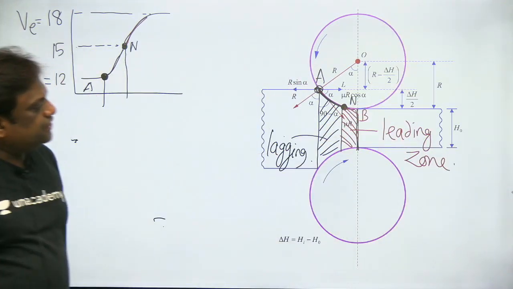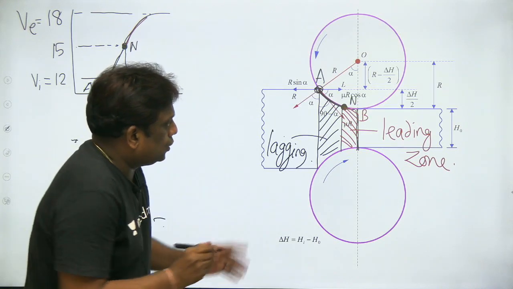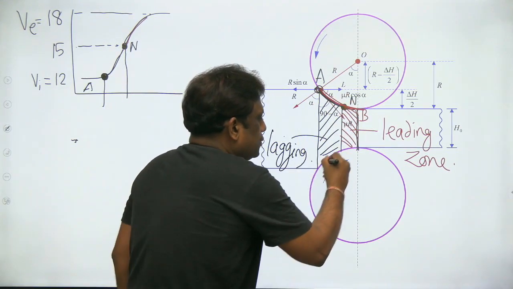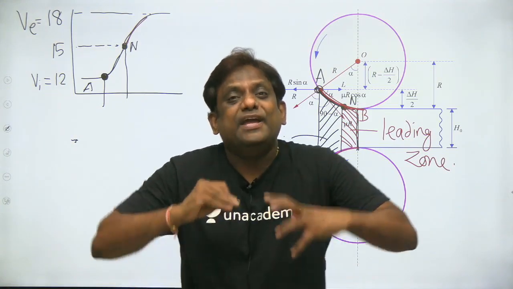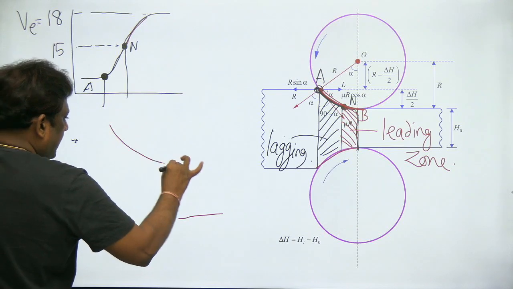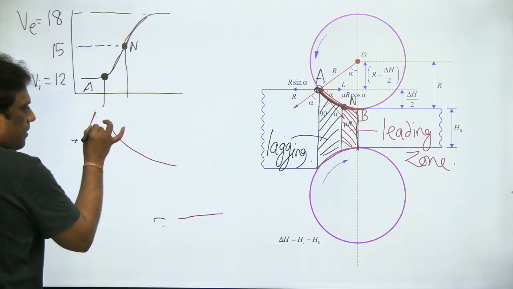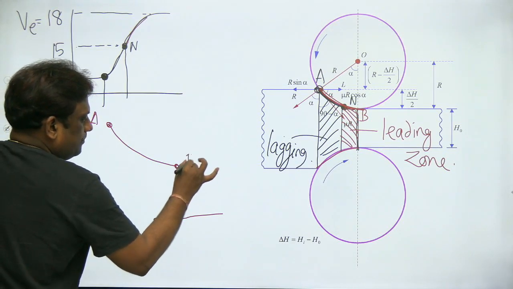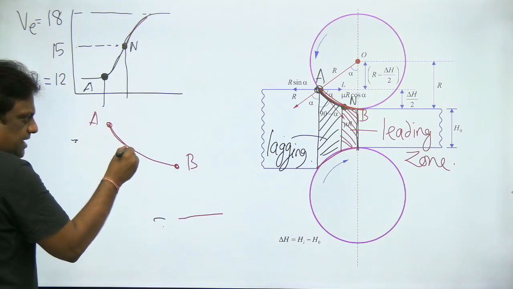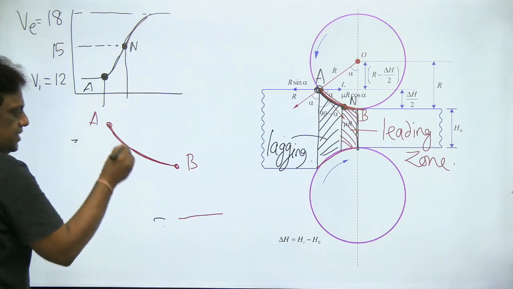Excellent, my dear student. So please note down that A to B is known as the deformation zone. I'll draw it separately for you. Entry started here and exit happened here, so my component came out. Please observe, this complete zone we call the deformation zone.